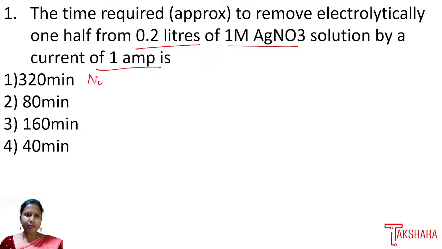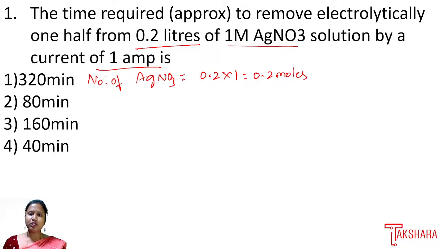So here the number of moles of AgNO3 is equal to 0.2 into 1, which is 0.2 moles. The current given is 1 ampere.